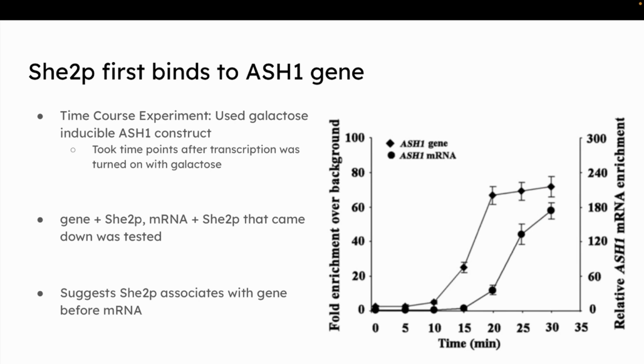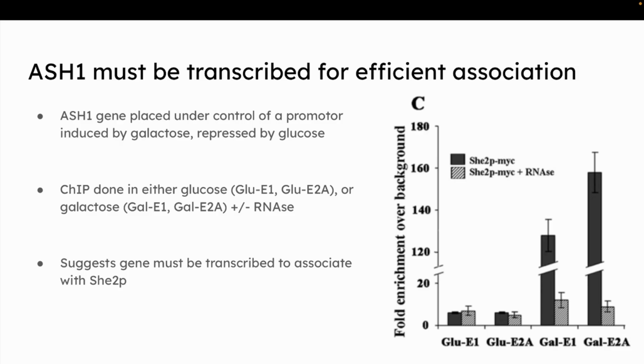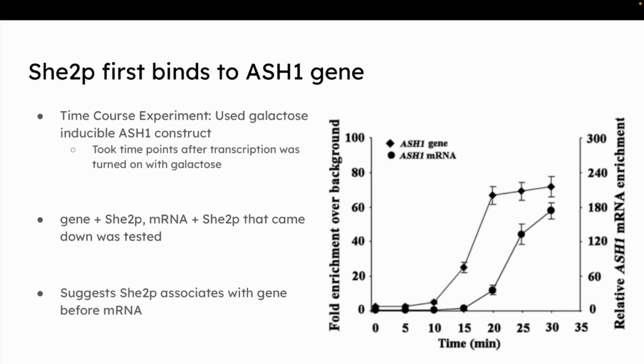But interestingly enough, SHEP2 actually binds first to the ASH1 gene. And the way they did this was they used a time course experiment. So they used the same construct up here, right? So it's inducible by galactose. And what they did was they added the construct, and then they added galactose and started a timer, right?